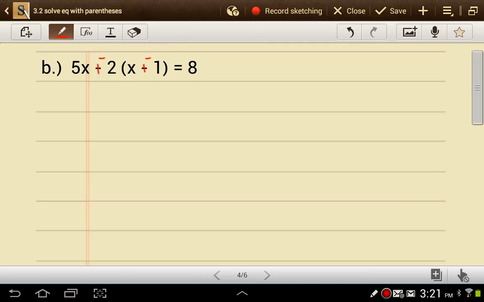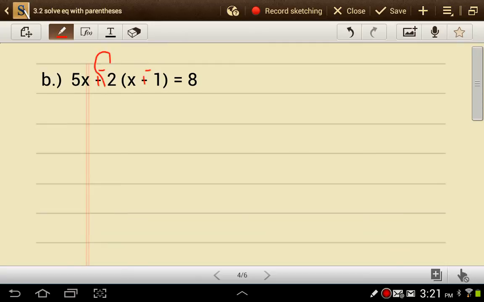Now when I distribute, I can distribute a negative 2 to both parts. That's going to give me 5x plus negative 2 times x is negative 2x plus negative 2 times negative 1 is a positive 2. And that equals 8.